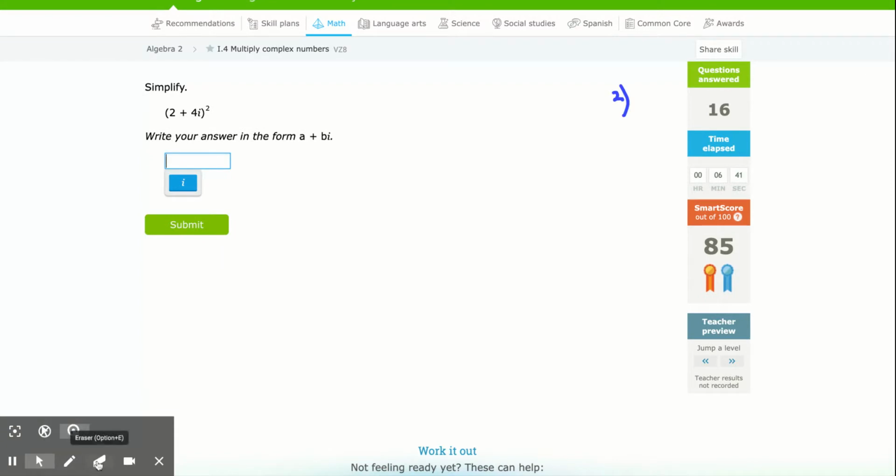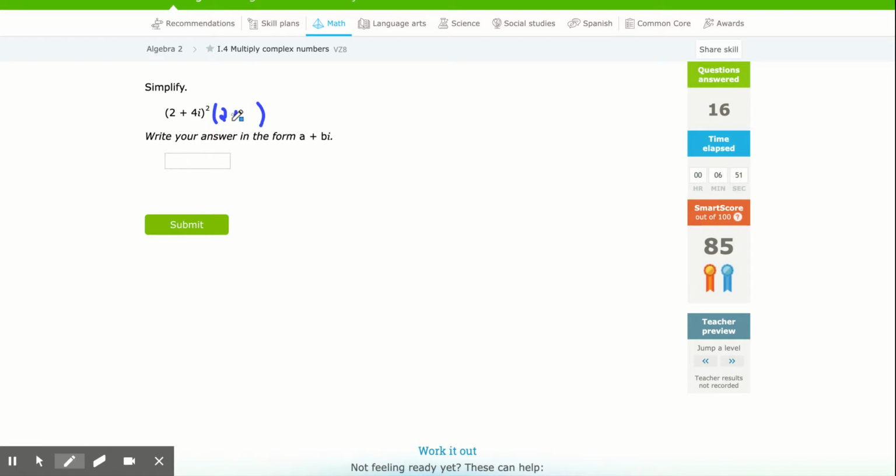Okay, so with this one, we are going to square it. I highly recommend you take the time to write a second one next to it with the 2 plus 4i inside, because what students mess up is they just square the 2 and the 4i and think they're done, but we have to FOIL. 2 times 2 is 4. 2 times 4i is going to be a positive 8i.